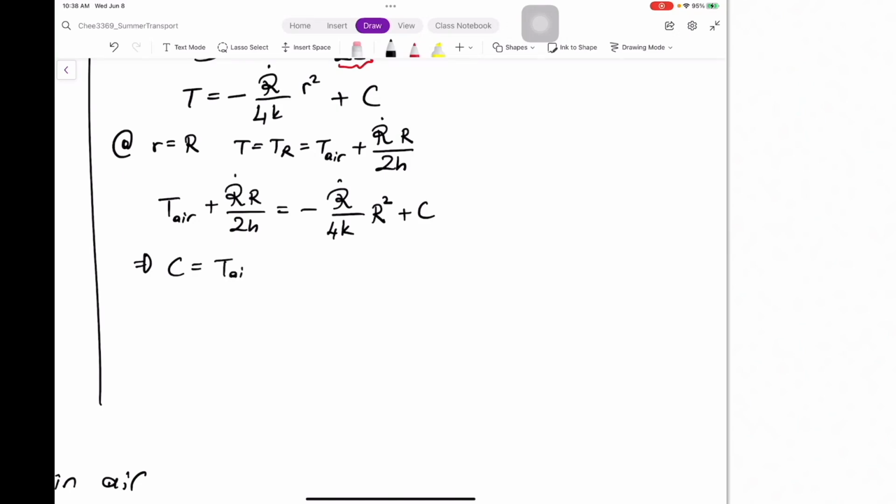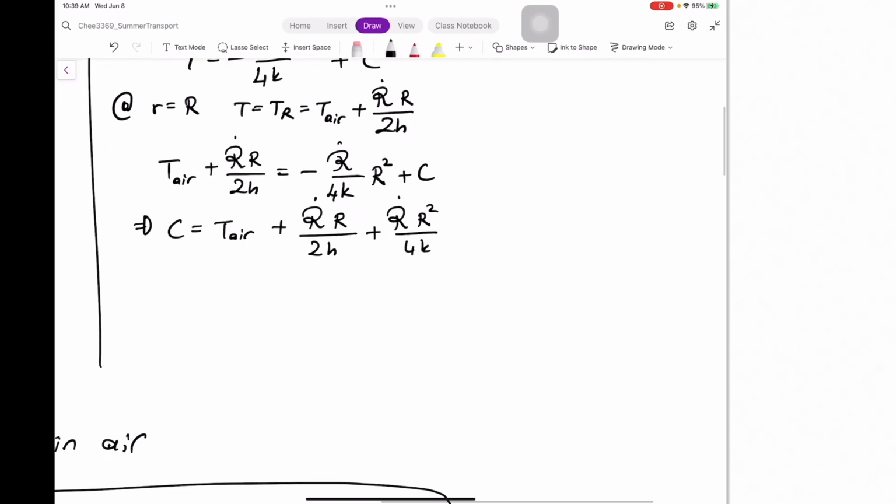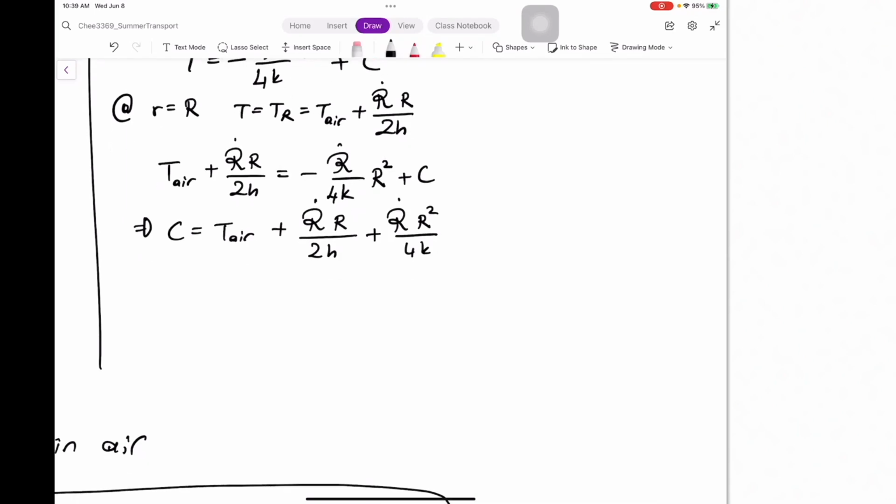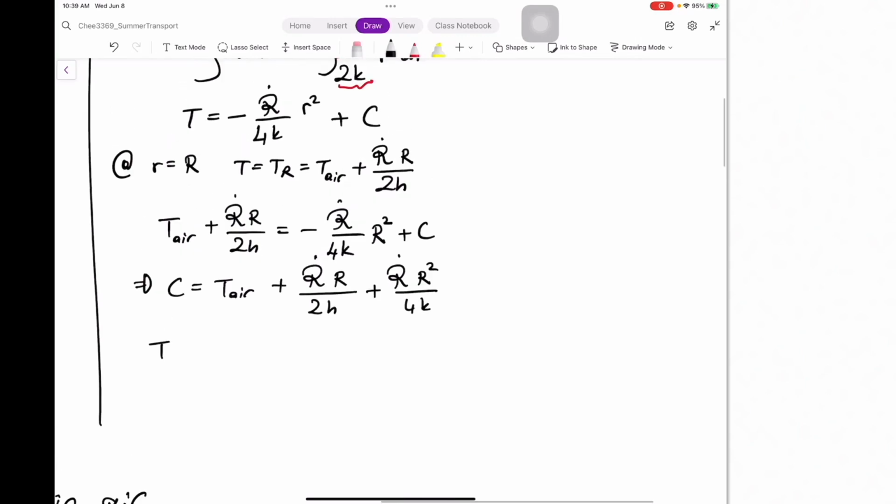C is T air plus fancy R dot capital R over 2H plus fancy R dot capital R squared over 4K. There you go. So that's the C. So the temperature distribution T comes out to be, if you plug in this C here, minus that over 4K.